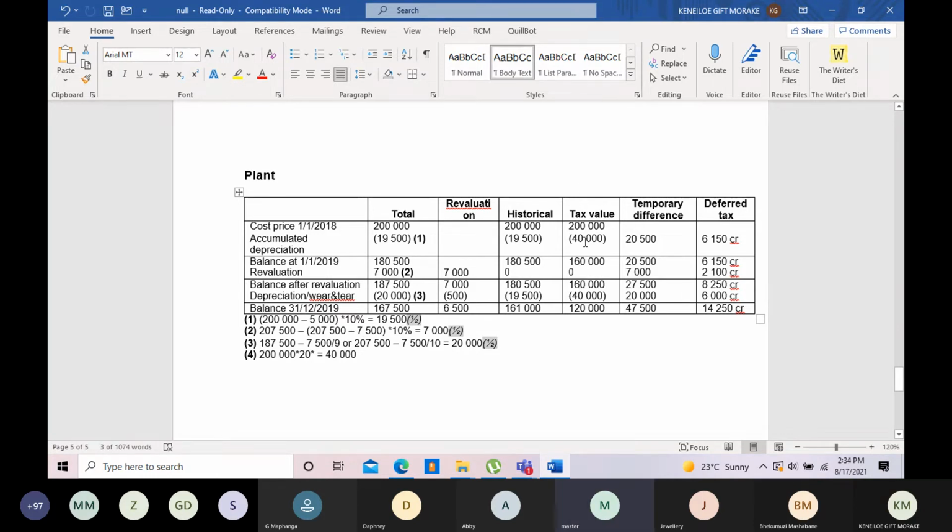So the 40,000, you keep on bringing back the 40,000. So 160 minus the 40,000, you're going to get 120,000. So we don't have to see the revaluation under historical and tax value. We want to see the revaluation under this column.